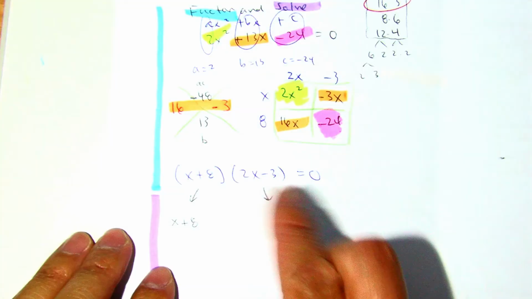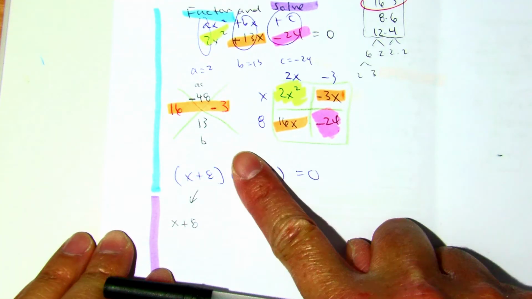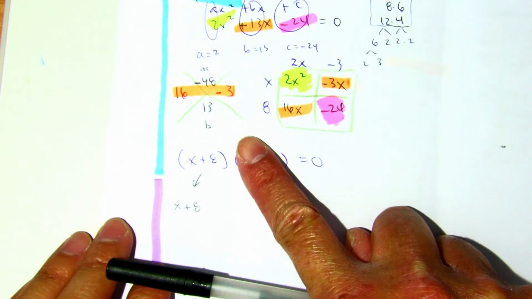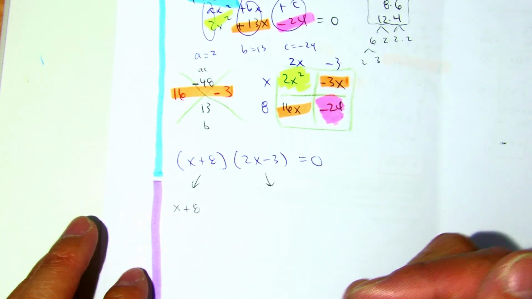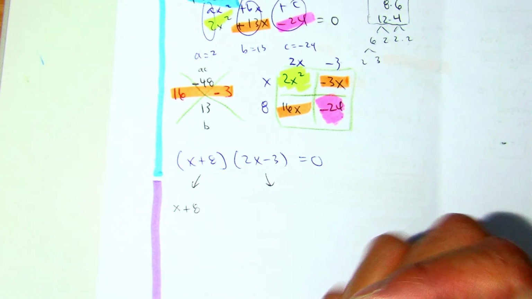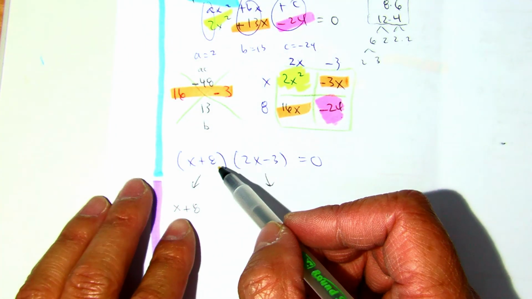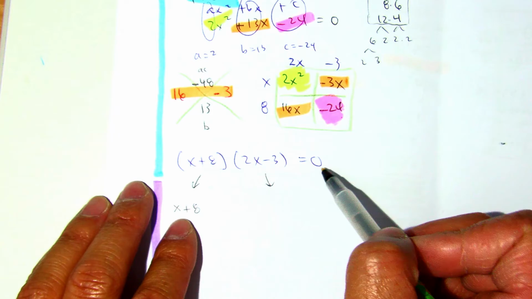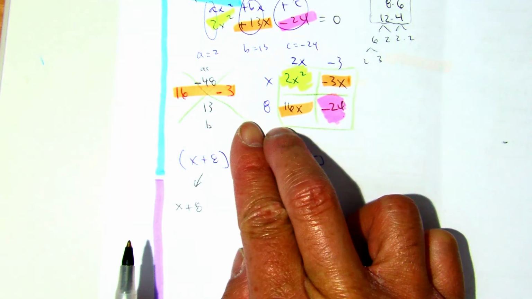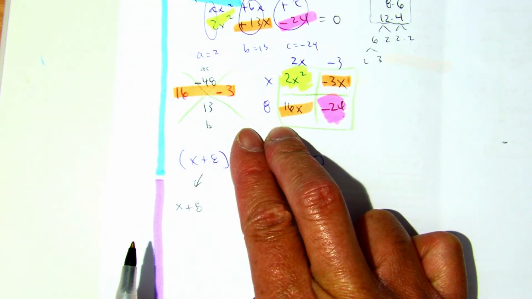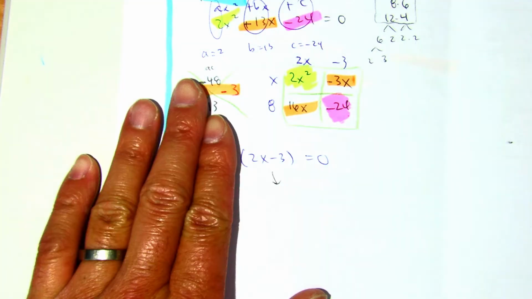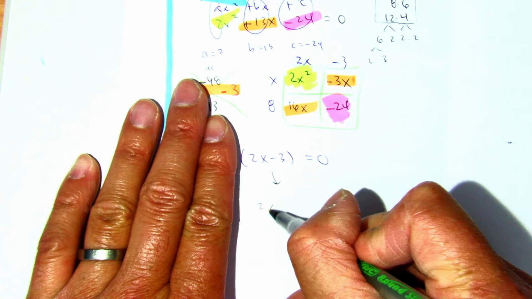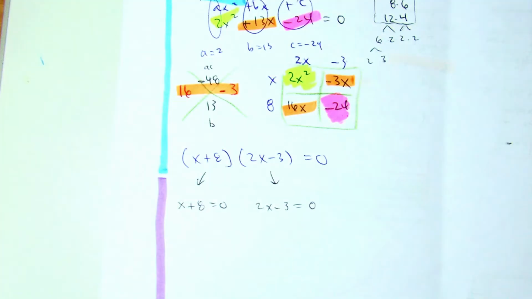Yes, Brian C? So remember, one of these has to be equal to 0, correct? So that means we set each of them equal to 0. And go ahead and do the right side. 2x minus 3 equals 0.